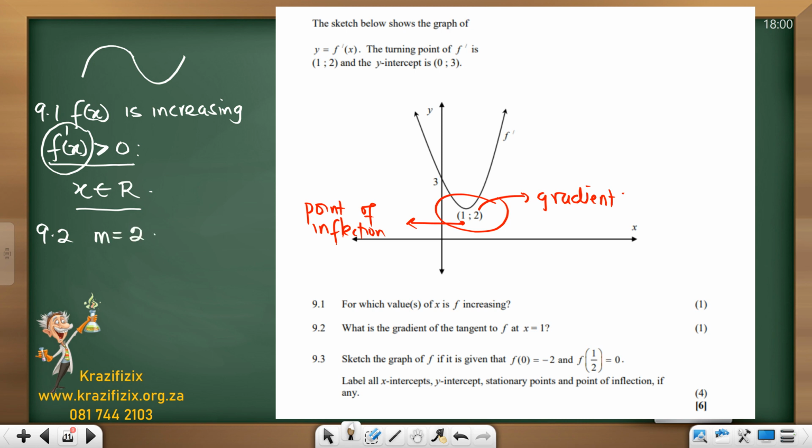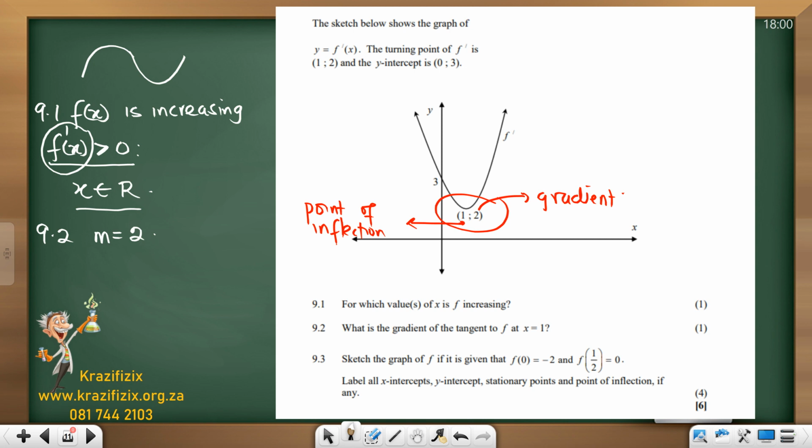You see this question, examiner just wants to punish learners. Are we okay, guys? So please take note.